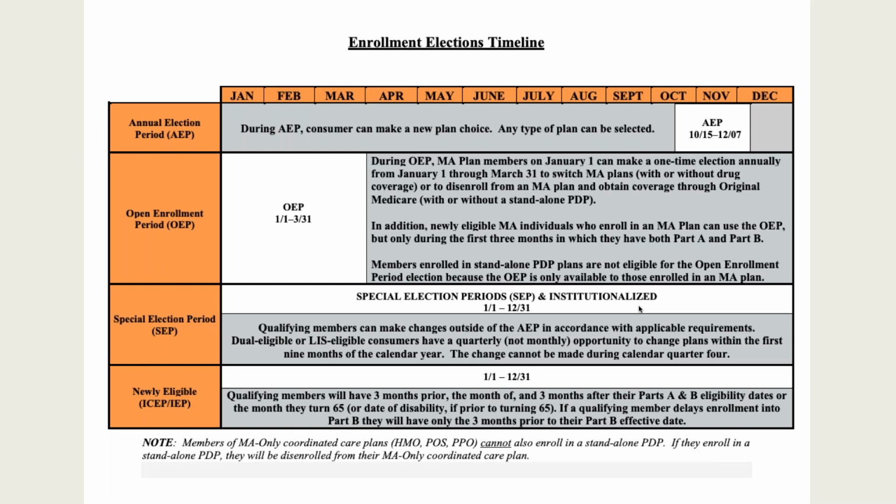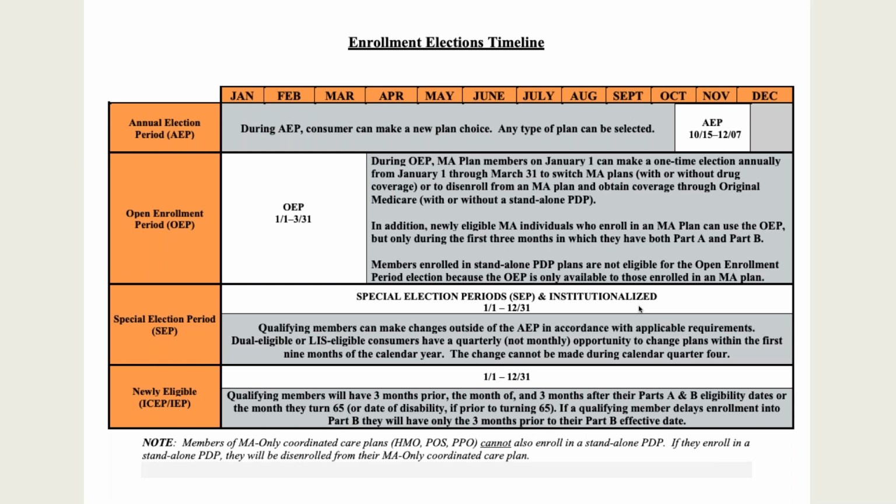During OEP, which is now back for 2019, from January 1st through March 31st, you can use an OEP election. So this is only going to apply if they are on a Medicare Advantage plan currently.